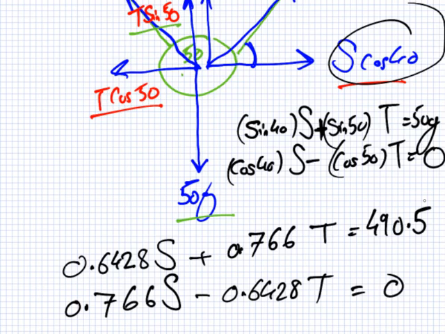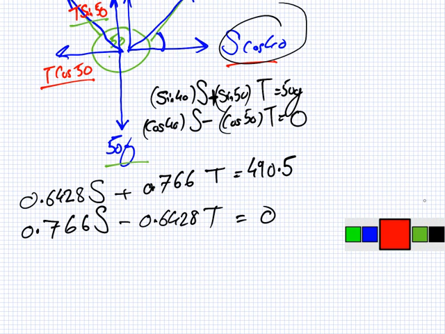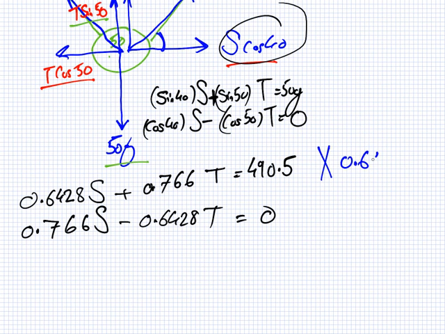Now, how could I solve this? Well, one thing you could do is multiply this one by 0.6428 and multiply this one by 0.766. Why?